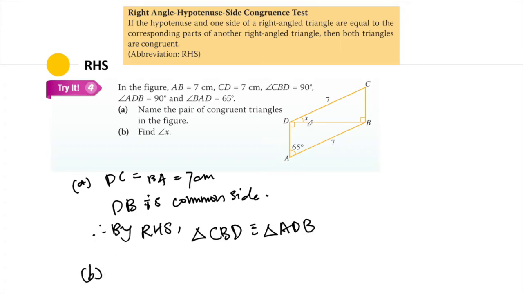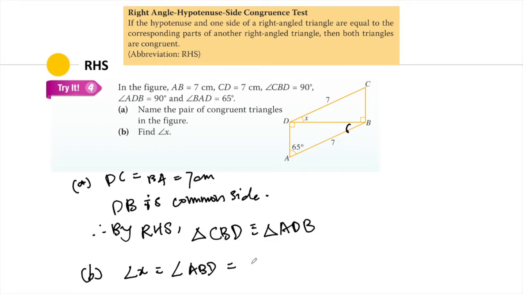Okay, part B. We want to find angle X. So angle X will correspond to, because this is CDB, right? So it will correspond to angle ABD, which is this angle here.